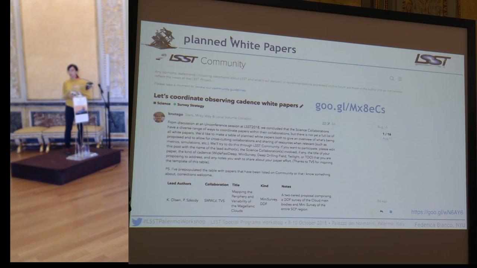From the point of view of LSST, however, it is really important that synergies are disclosed and understood, and so that tension will be disclosed and understood as well. So the Science Advisory Committee, the SAC, specifically asked me to try to coordinate and disclose as much as possible what papers are being submitted and what they will generally be about.